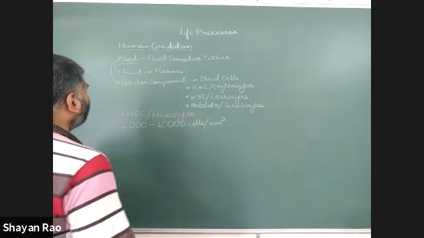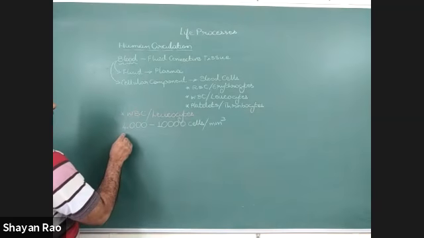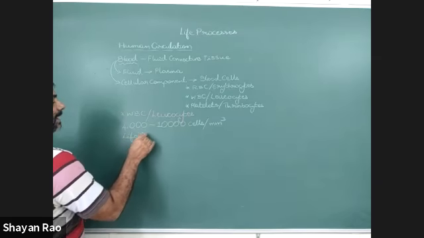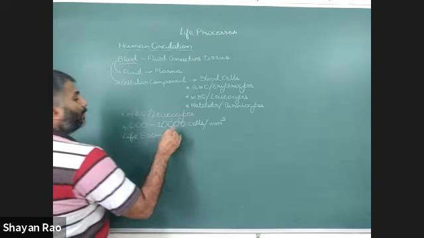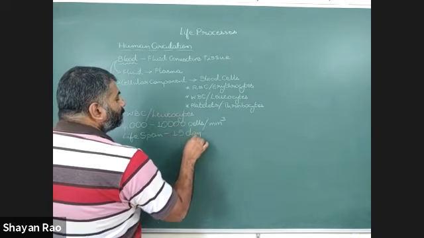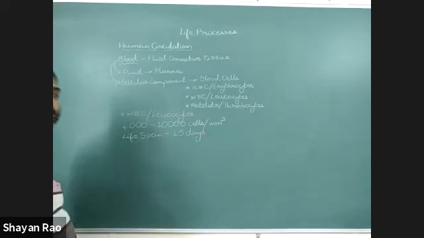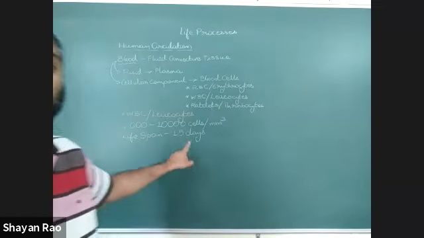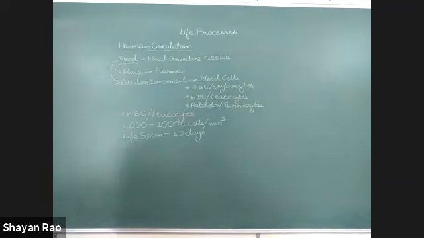Now this WBC has a very short lifespan. So the lifespan is considered to be only 15 days. So what we understood with respect to RBC or erythrocytes was that its lifespan was 120 days, but here the lifespan is just 15 days.